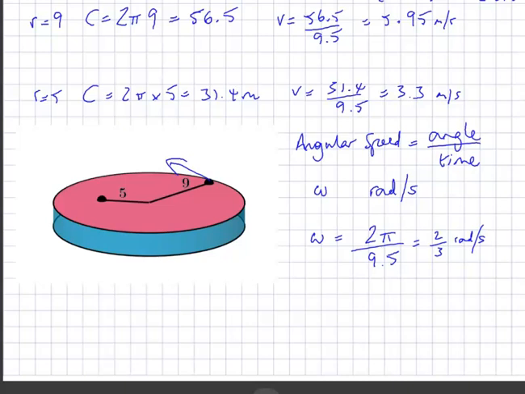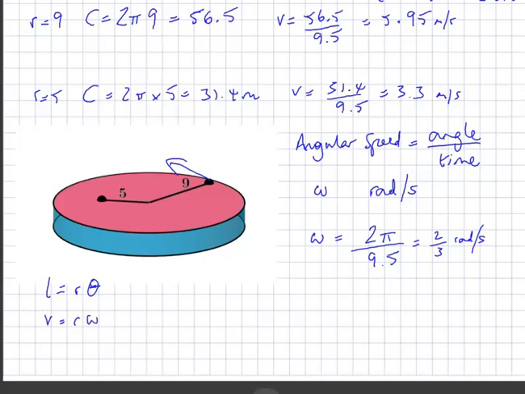So they have an angular speed that's the same, both of them traveling at angular speed omega equals 2/3 radians per second. If we go back to the idea of the length of an arc being the radius multiplied by the angle in terms of radians, and speed is a rate of change in length, so length divided by time, we can think about velocity, which is length divided by time, as being the radius multiplied by the angle divided by time.